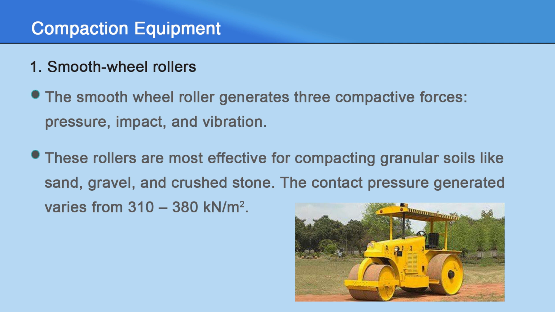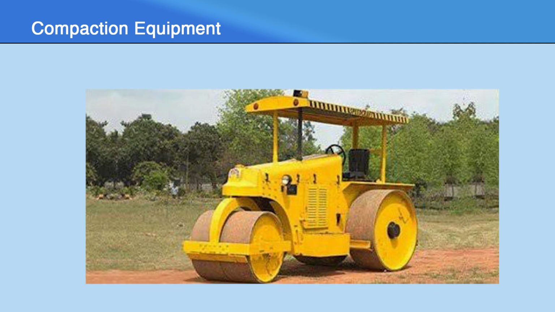The contact pressure generated varies between 310 to 380 kilonewton per meter square. These machines can be either self-propelled or towed, featuring smooth steel roll surfaces. Self-propelled models often have a three-roll tricycle configuration, with the front wheel used for steering and the rear wheels providing the driving power.